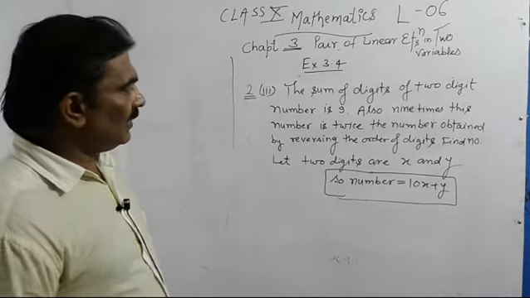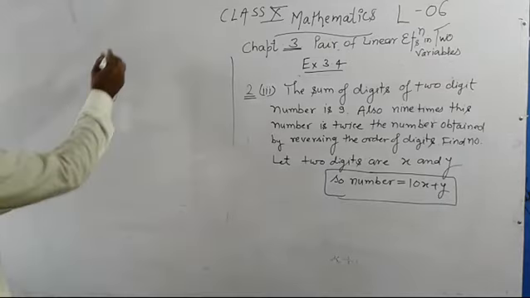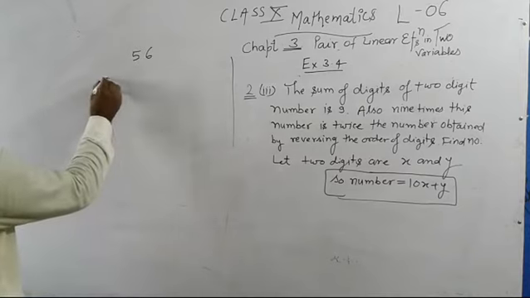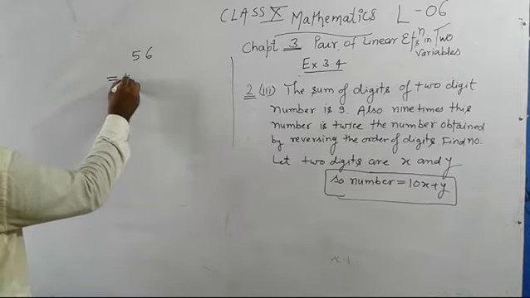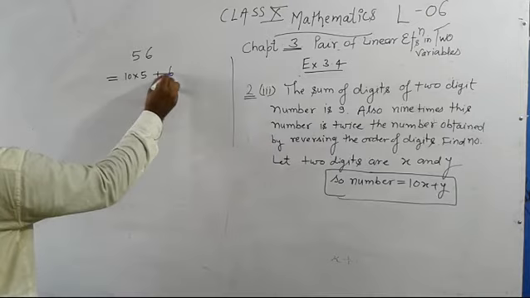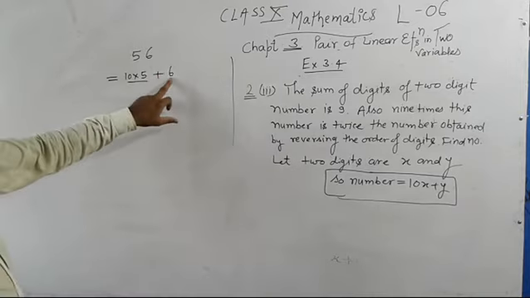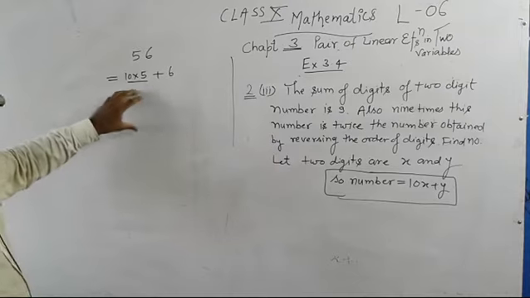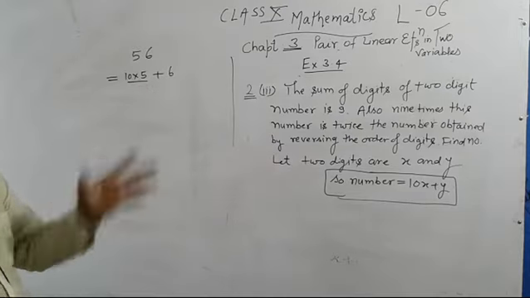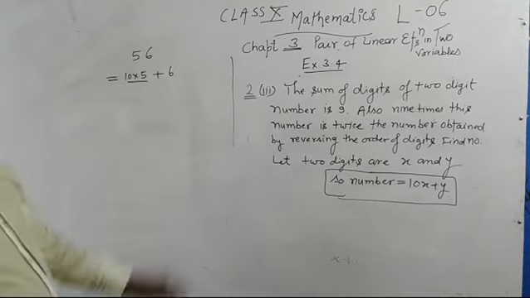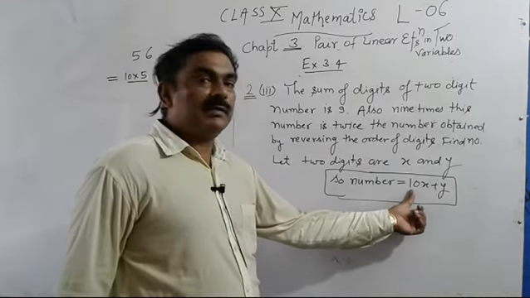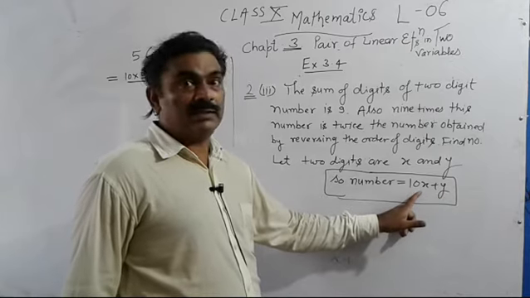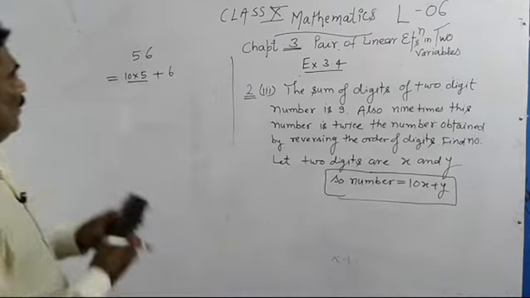For example, if there is 56, 56 can be written as 10 multiplied by 5 plus 6. Here 6 shows unit place whereas 5 shows 10th place. So this is how to write a 2-digit number. In the same way we have written the number 10x plus y, where y is unit place and x is in 10th place.